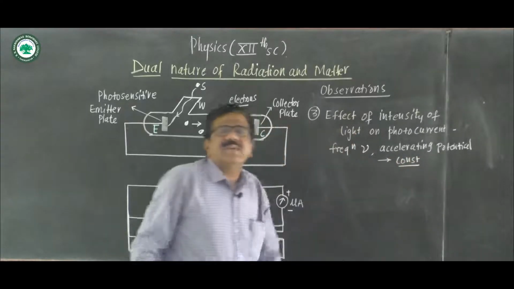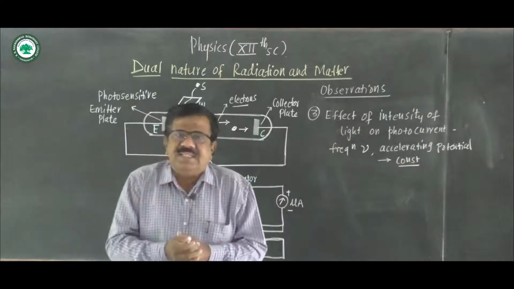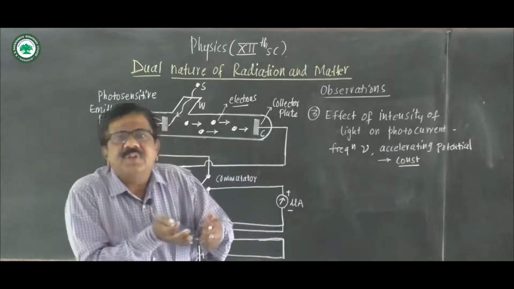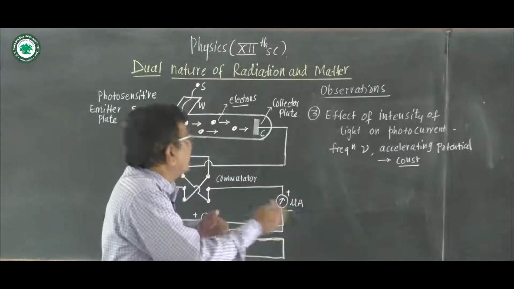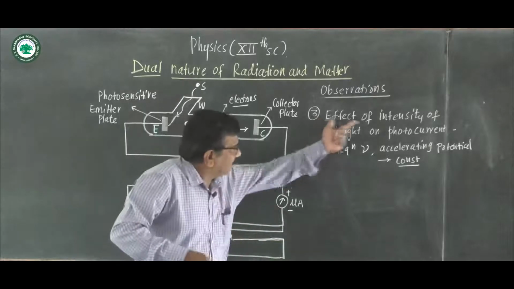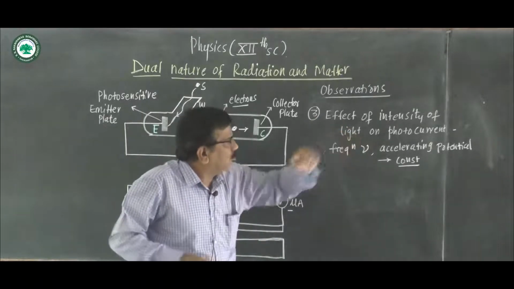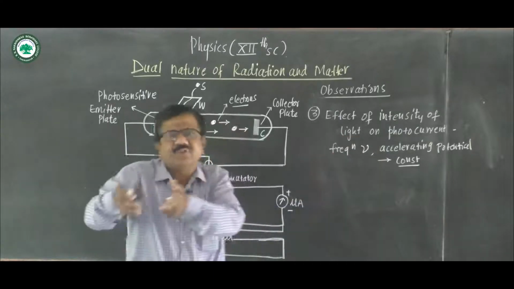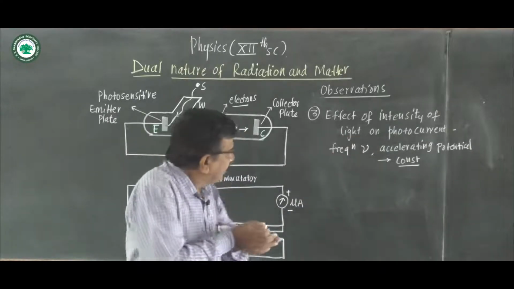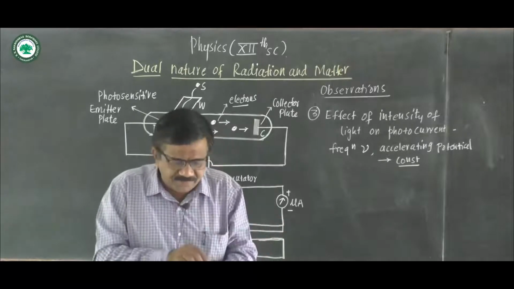The frequency is kept constant above the threshold frequency, because below the threshold frequency photoelectric emission is not possible. So a frequency greater than the threshold frequency is kept constant, and the accelerating potential is also kept constant.